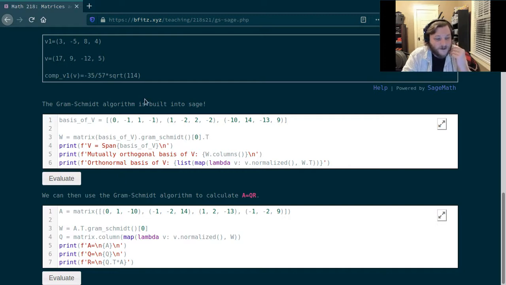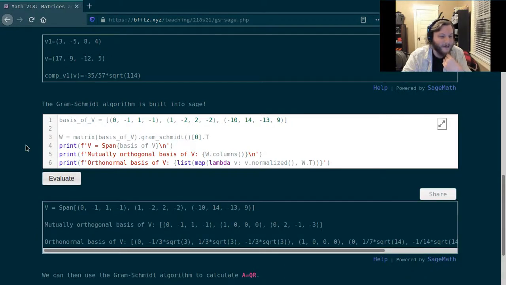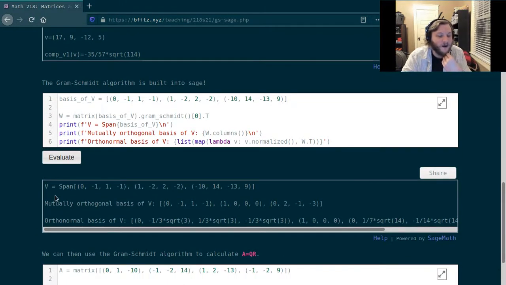The Gram-Schmidt algorithm is actually built into Sage. Here, all you have to input on the first line is a basis of the vector space you care about. Evidently the space I care about is dimension 3 because I've predefined 3 basis vectors. If we click evaluate, let's see what happens. The first thing that's output is the basis that we've input, so we can check that we've input our data correctly.